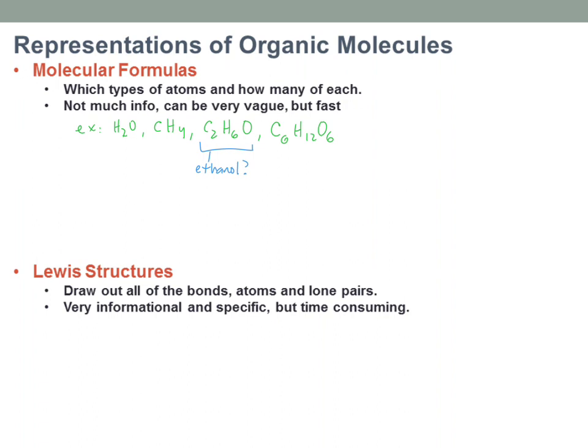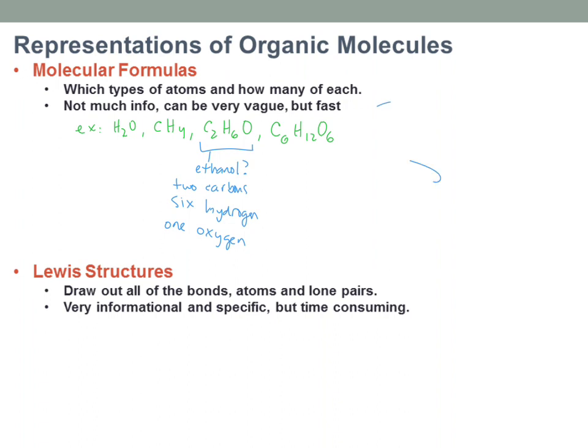What this is telling me is that whatever this is, there are 2 carbon atoms, 6 hydrogen atoms, and 1 oxygen atom. That's all it's telling me. It's not necessarily the identity.